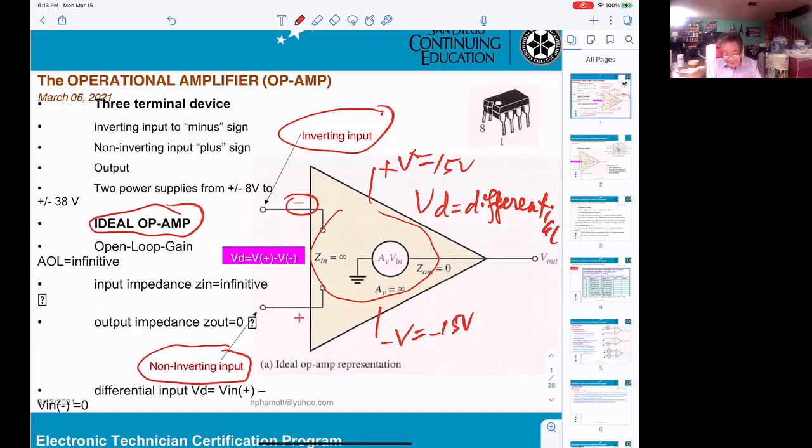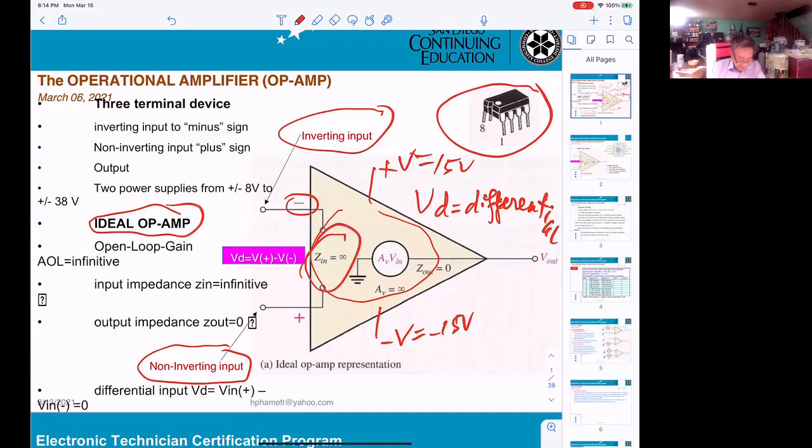Open loop gain means the op amp itself. You bought the op amp, you get an open loop gain, without any connection. For the open loop gain, they want it to be infinity. The input impedance inside here, they want it to be also infinity.